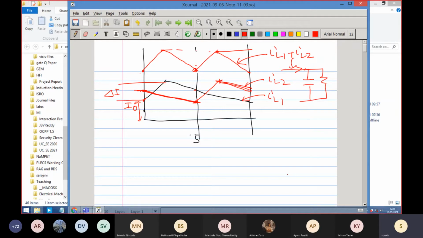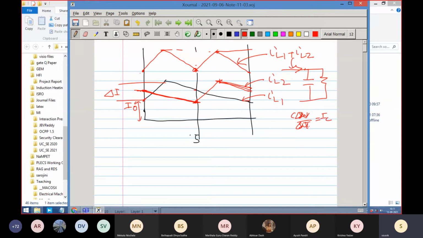And you know double frequency has a very good thing, right? Because for any ripple, C dV by dt, if the frequency increases, the delta V will be less because delta T is less. Just common sense: C dV by dt, or delta V by delta T, gives us the value of the current.